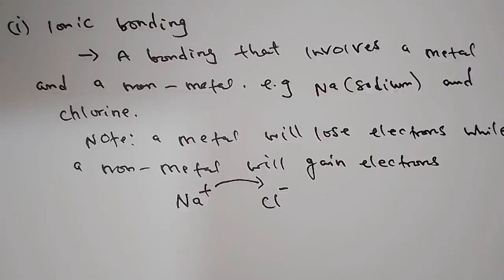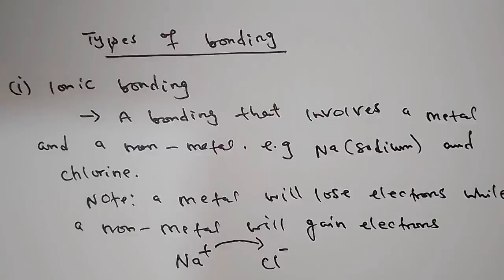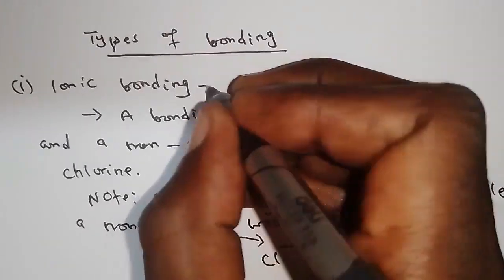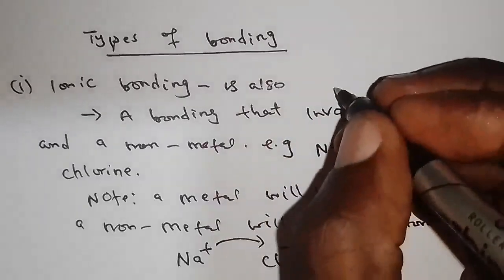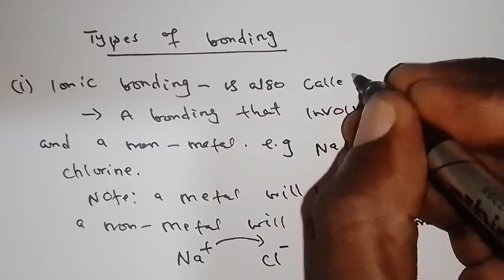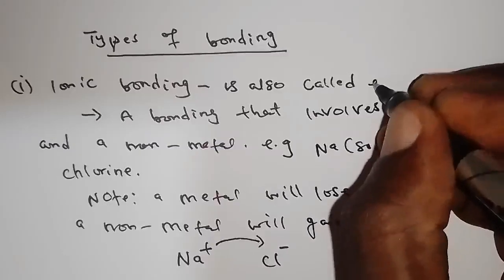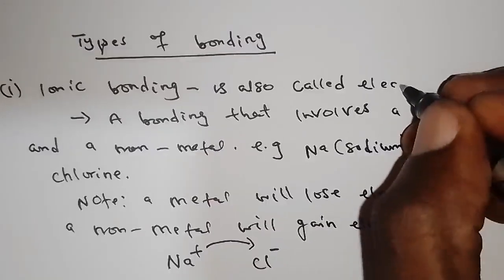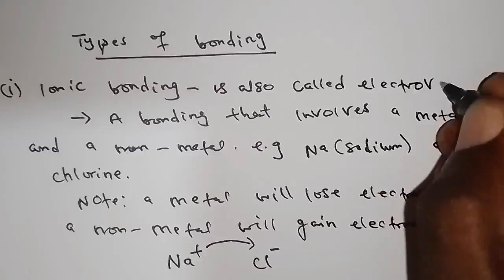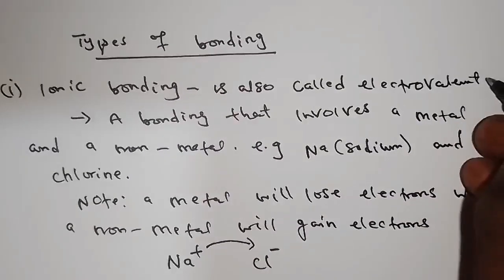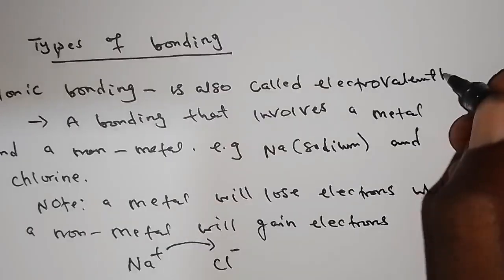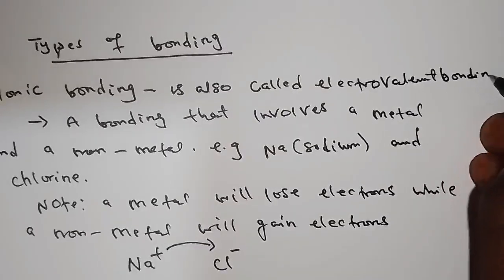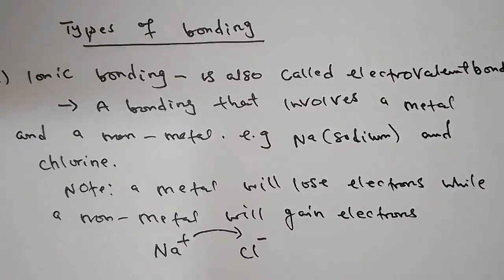And then now about ionic bonding. Okay, so this ionic bonding is also called electrovalent bonding.